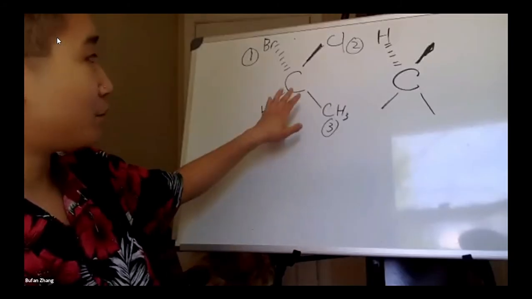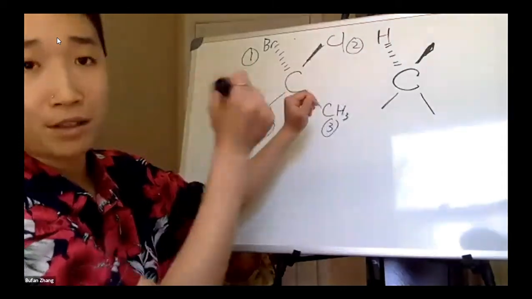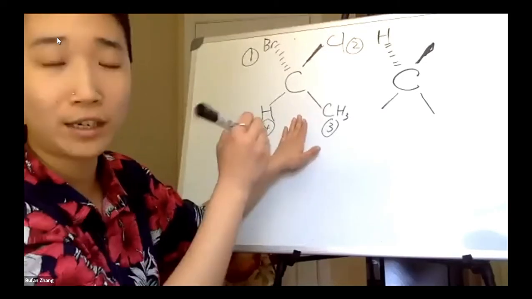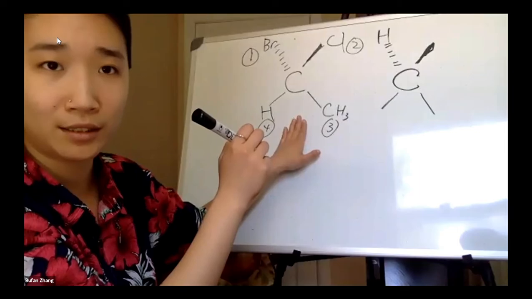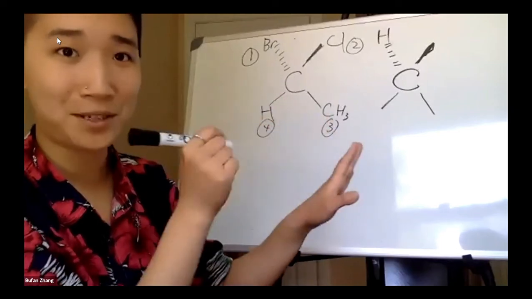So we gotta remember that the chlorine comes directly out of the board. And this H is in plane of the board. Therefore, they're not 180 degrees apart. They cannot be 180 degrees apart.